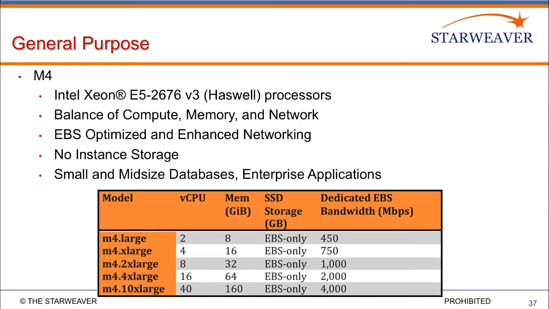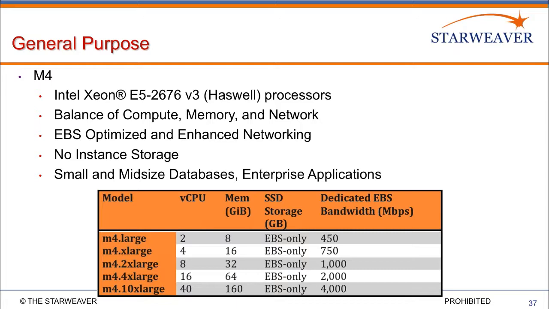So you can see you get multiple CPUs, 2, 4, 8, 16, up to 40 CPUs. You get a lot of memory, potentially. SSD storage is not an option, but you do get some good dedicated EBS bandwidth. Now, let me explain what this is. Some instances have what they call a dedicated EBS optimized network.